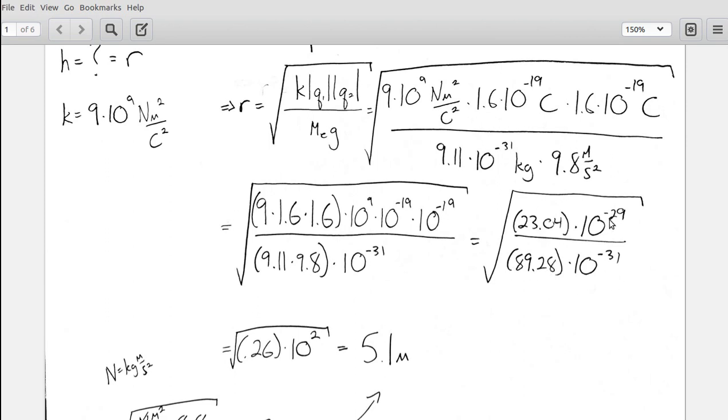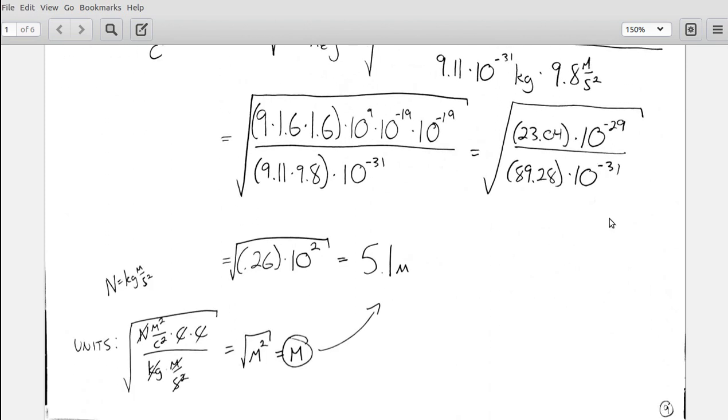So this right here, another exponent rule, I'm dividing, so I'm actually subtracting negative 31 from negative 29. Or you could bring this up and make it positive, and then I'm adding 31 to negative 29, which is 10 squared.